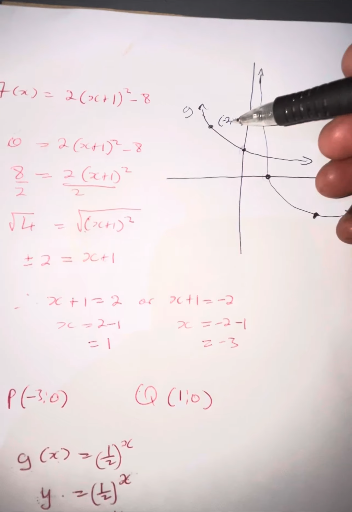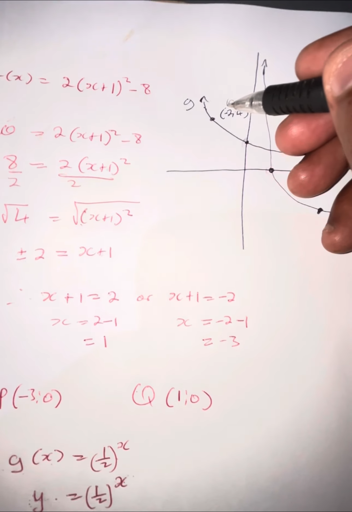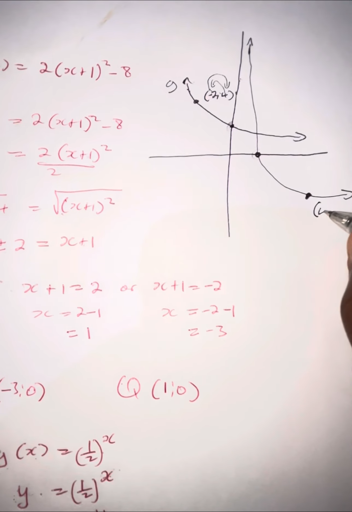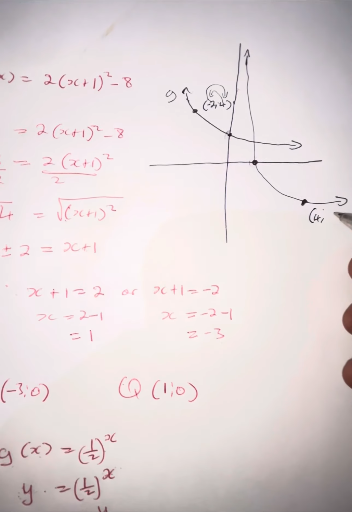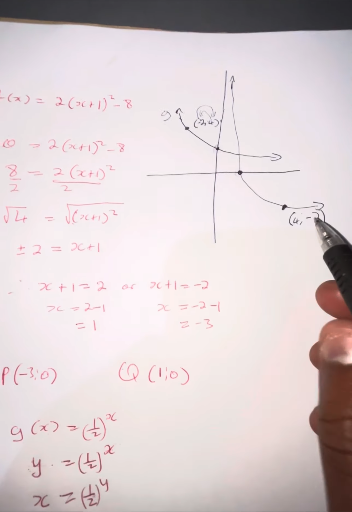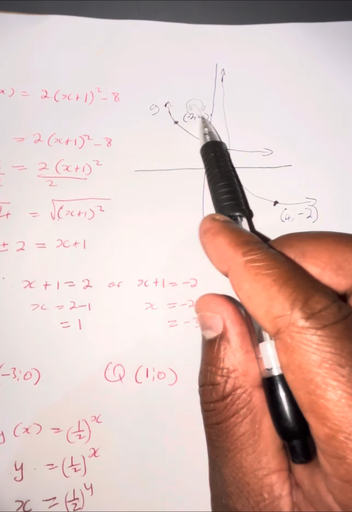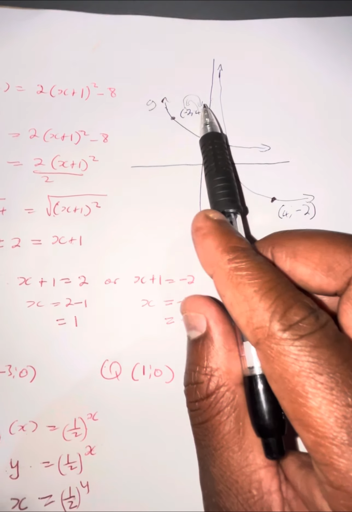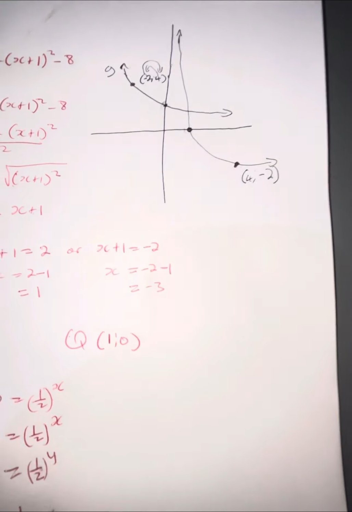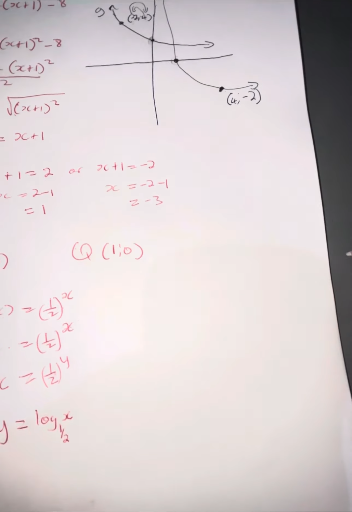So it means now this point here, we are going to swap these values. Where there is negative 2, it will be 4, and where there is 4, it will be negative 2, just like that always, right? You just rearrange these values. Your x becomes your y, your y becomes your what? Your x. This is what I wrote here. So now, you get your 3 marks for doing that.